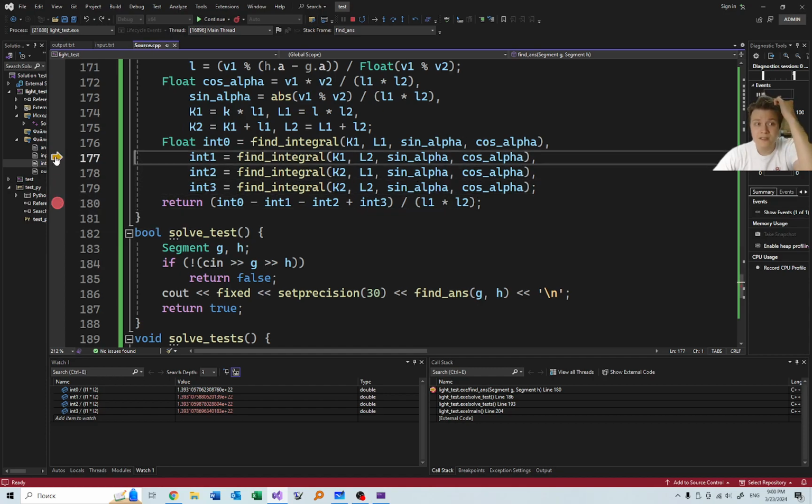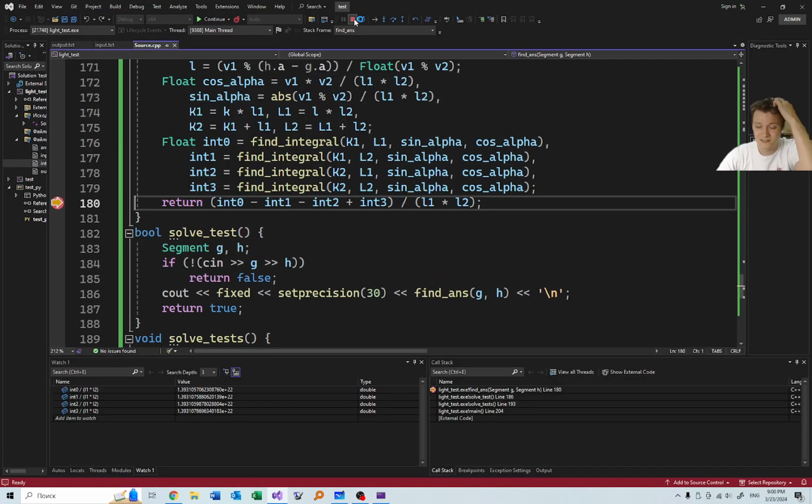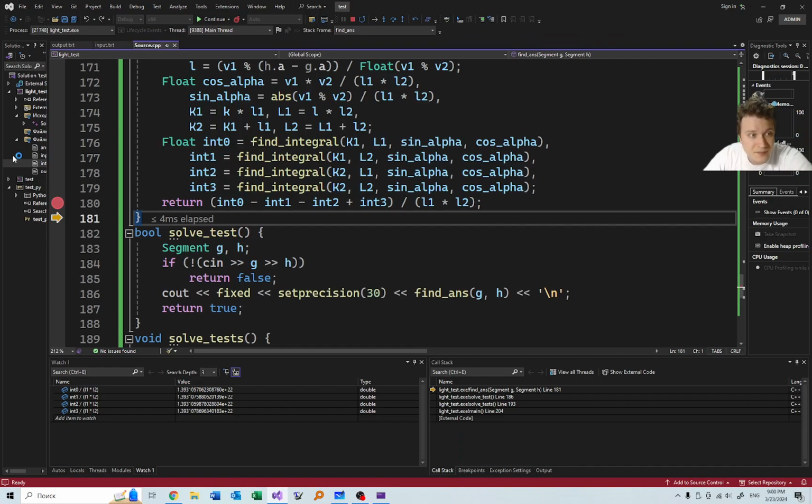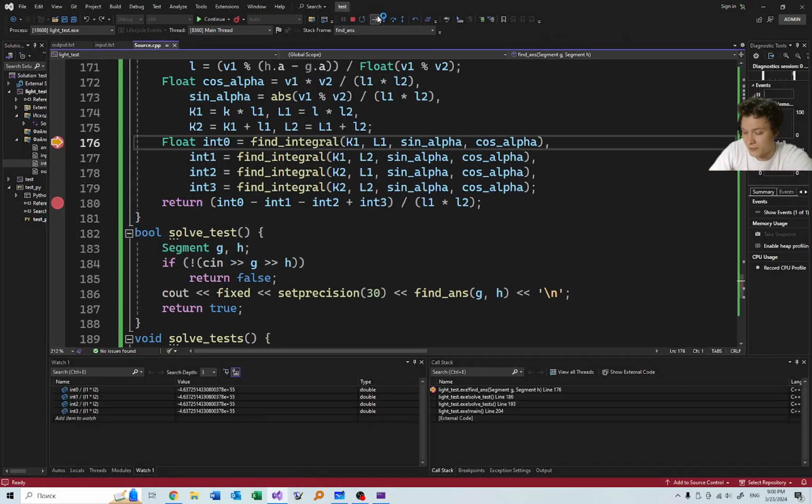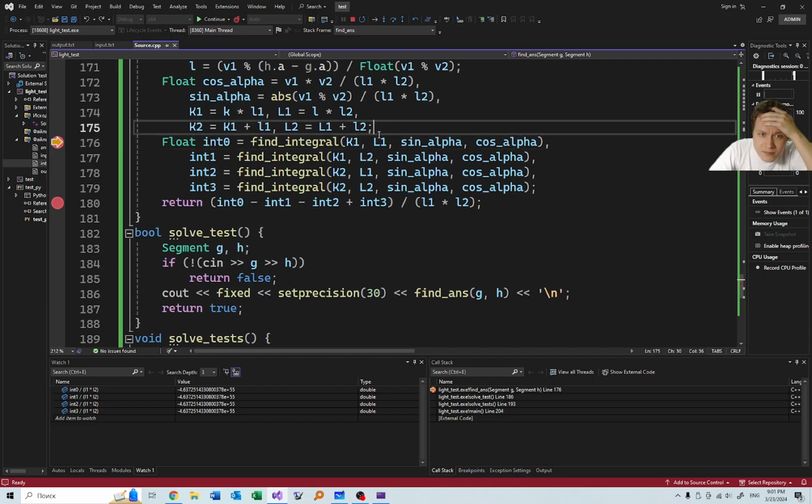Okay, this should be easily debuggable because it cannot be so big. And since it cannot be so big, it means that somewhere there is an error. And if there is an error somewhere, it can be so big because I have such a big number. I have 2.8 billion here and 2.8 billion here.